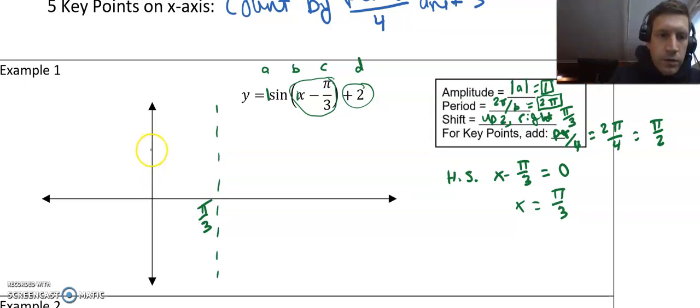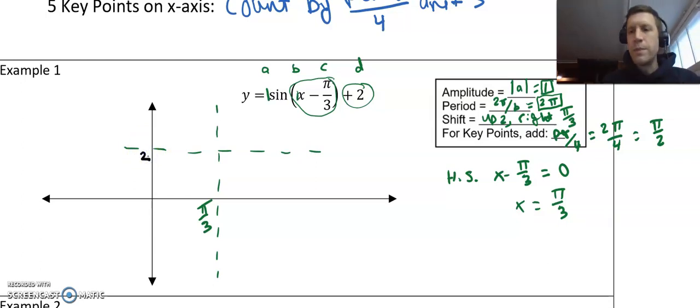So up 2. Okay, we'll call that 2. So my midline, which is typically the x-axis, has now been shifted up 2 units to a y value of 2. All right, so now instead of starting here, I've shifted right and up, and I'm now going to be starting my graph where those 2 dotted lines meet.